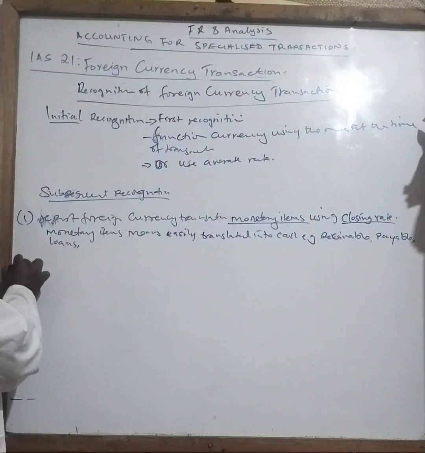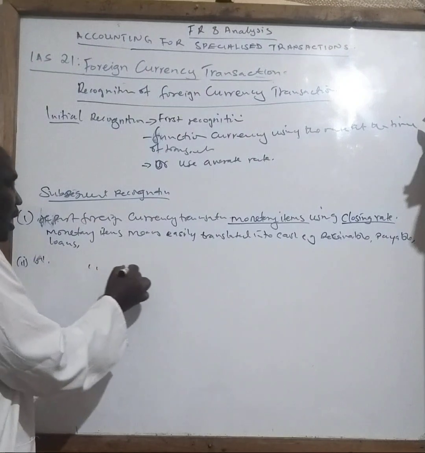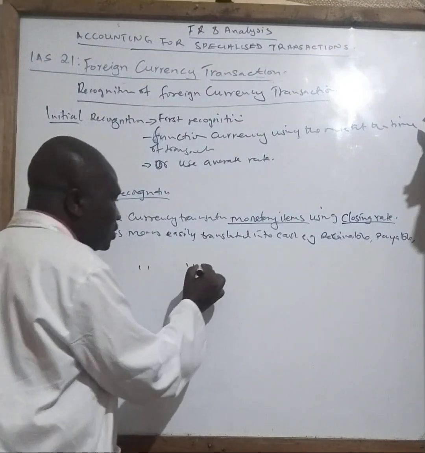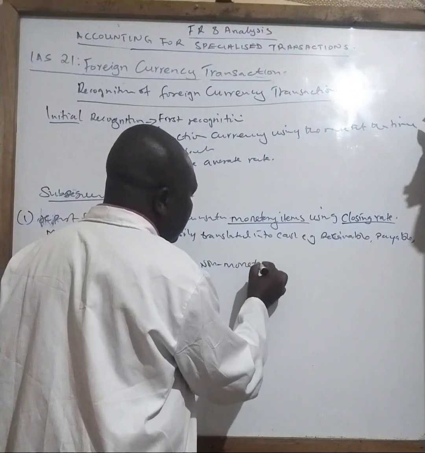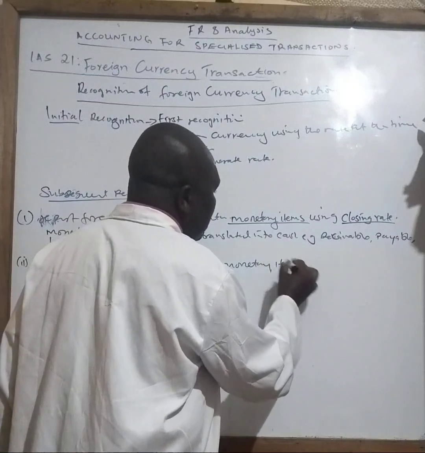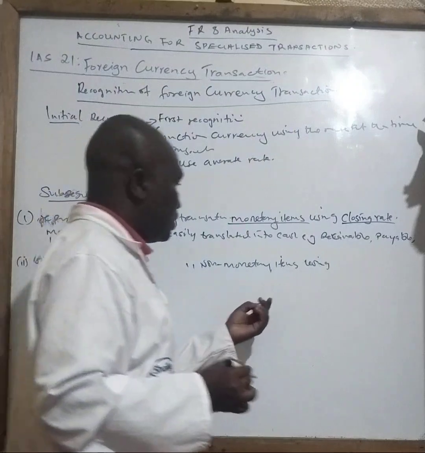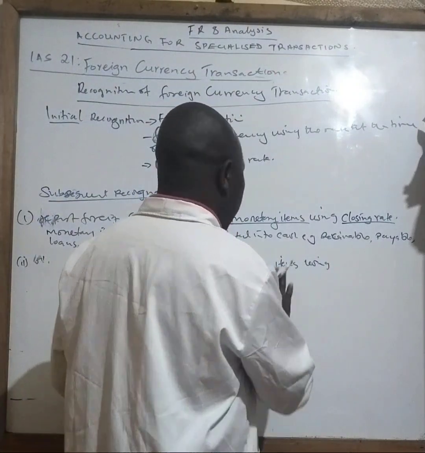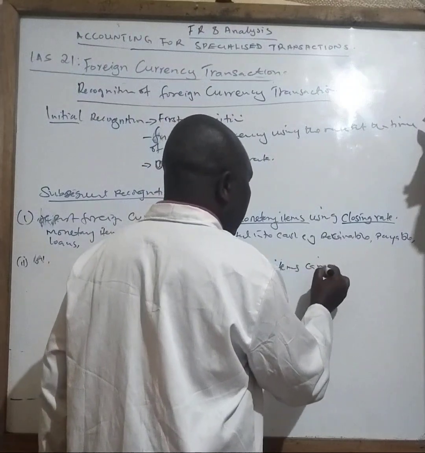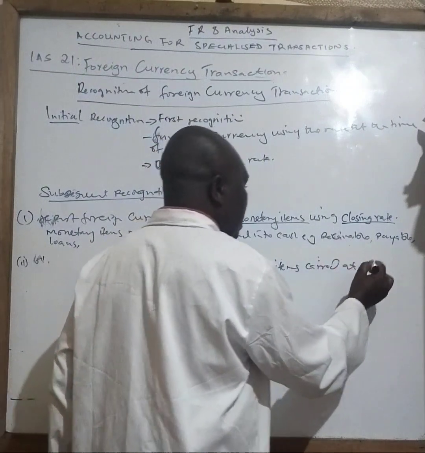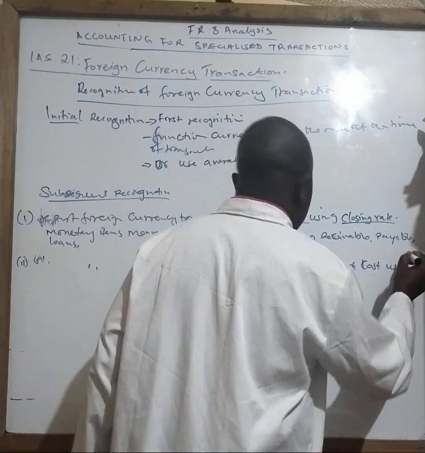Now, how do you recognize subsequently again? Report foreign currency transactions, non-monetary items carried at its cost using what?